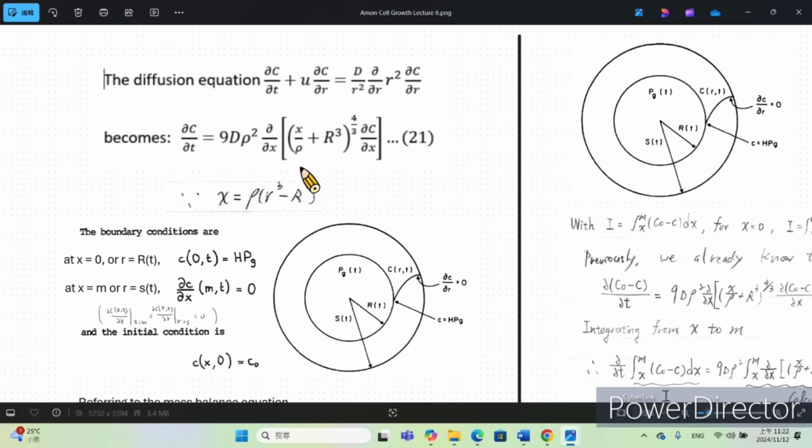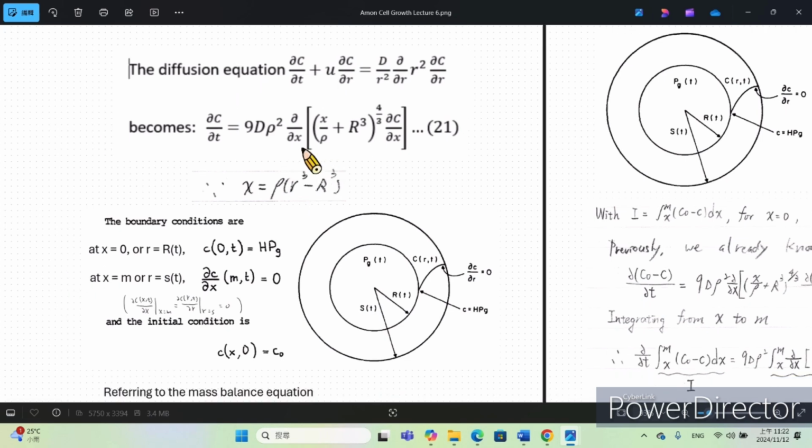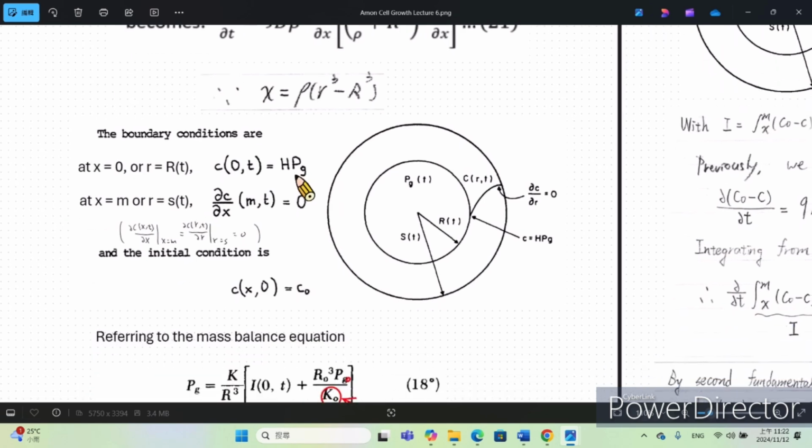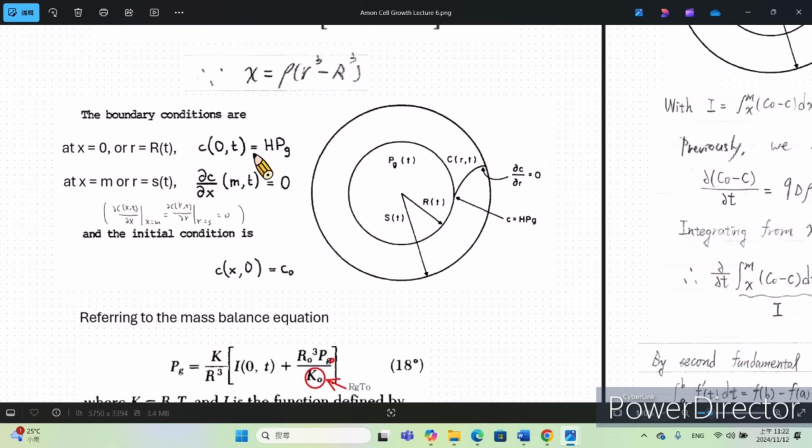And what is the boundary condition of this equation? First of all, let's explain the boundary condition.